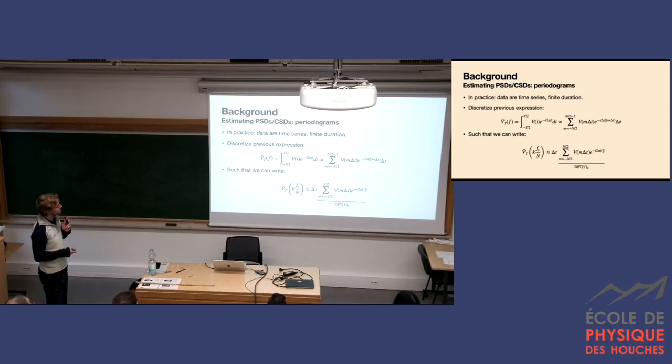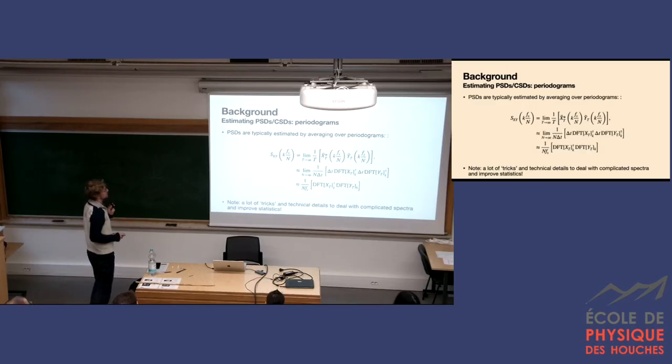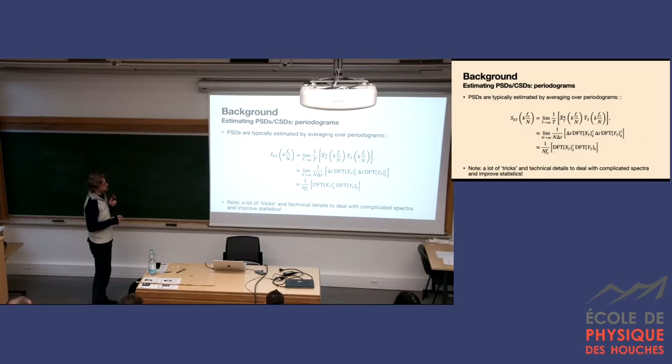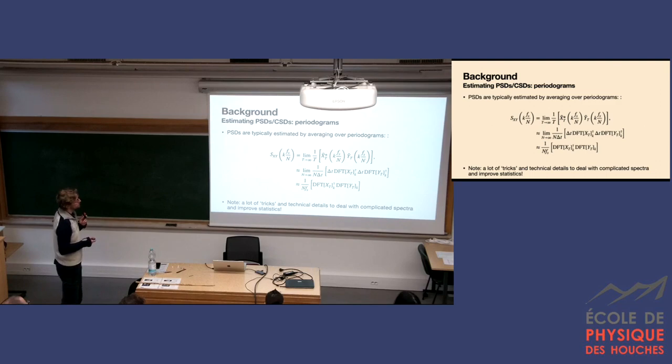Now, once you have this approximation for your finite time Fourier transform, you can plug it into that definition of the power spectral density I showed before, up here, where I now also inserted this slightly more complicated function argument, but it's just a placeholder for the frequency. Here, as I just showed on the previous slide, these things, you can replace them with the discrete Fourier transform and the scaling factor delta t.